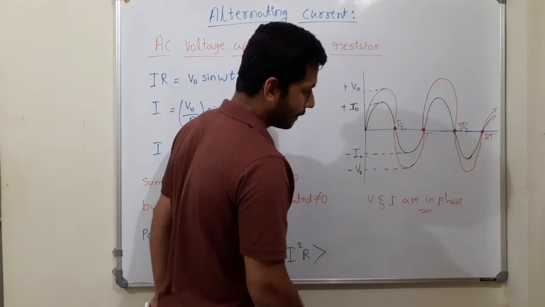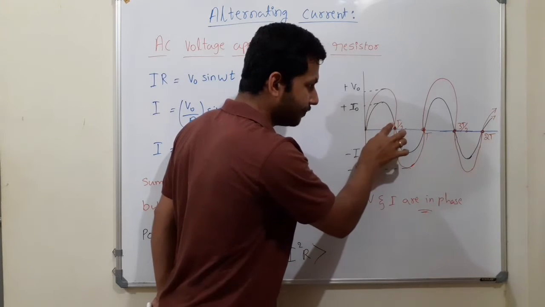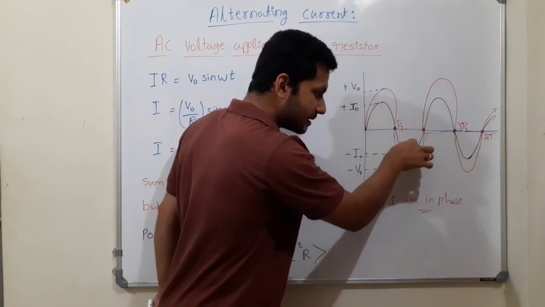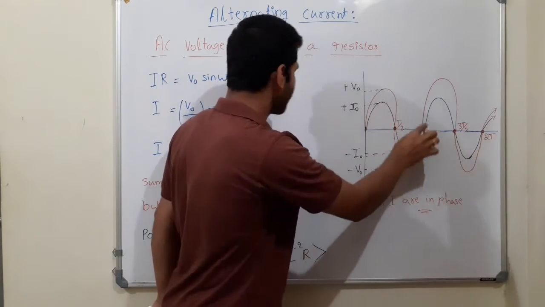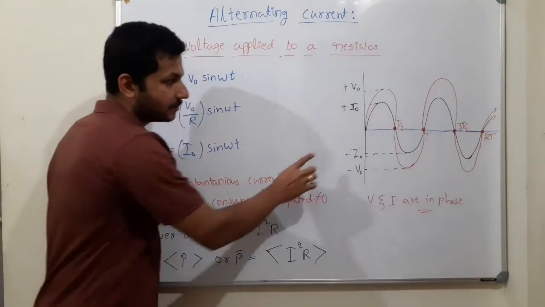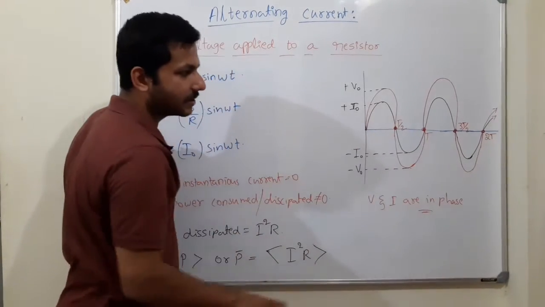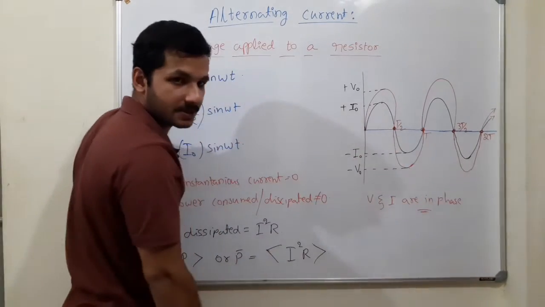You know that when the current, suppose it is 10 ampere, goes to the other side it is minus 10 ampere. So if you observe here, the sum of the instantaneous current will be zero, because one is positive and the other is negative, in the opposite direction.